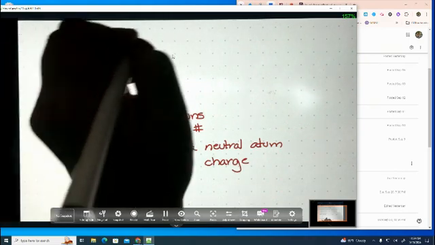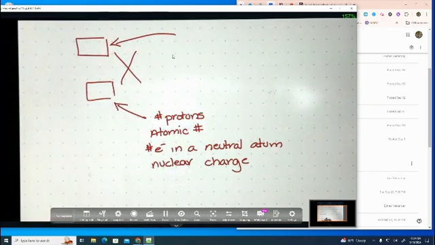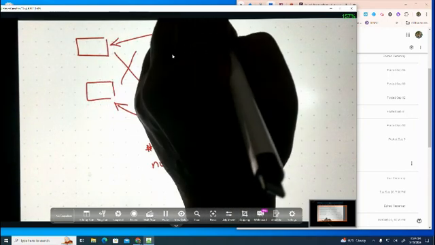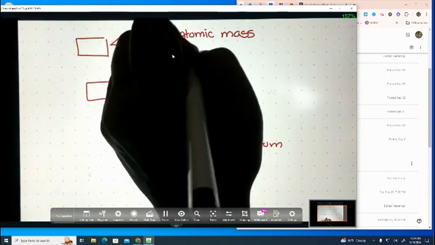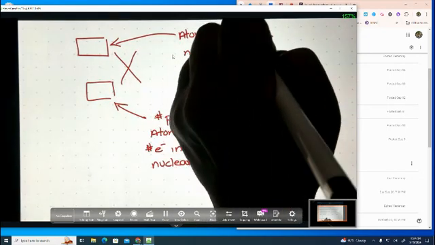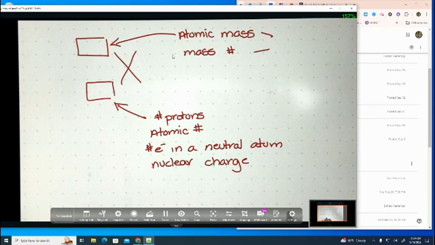And this number up here, do you remember what that number is called? Atomic what? Atomic mass or mass number. What's the difference between these two? It's all right.